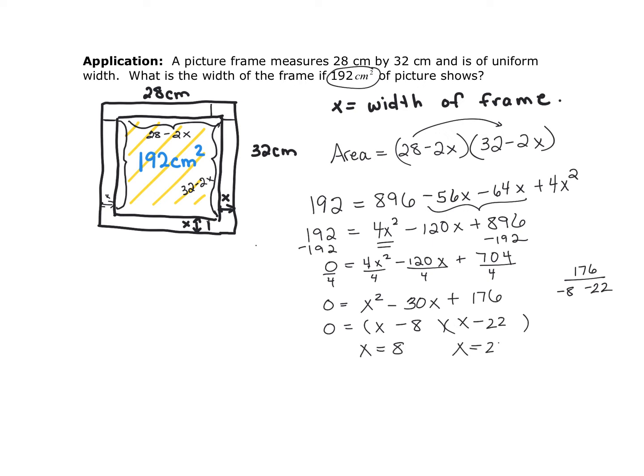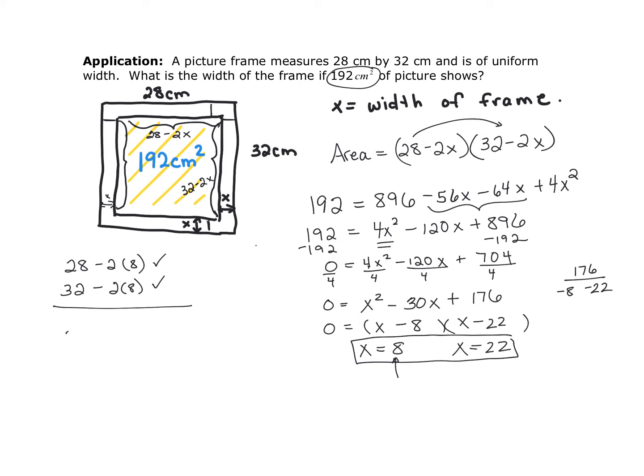So this is a good time to talk about the domain for an application problem. What kinds of things make sense? Well, if x is 8, can I do 28 minus 2 times 8? I certainly can. And 32 minus 2 times 8, I can. However, if x is 22, 28 minus 2 times 22 would be a negative value.